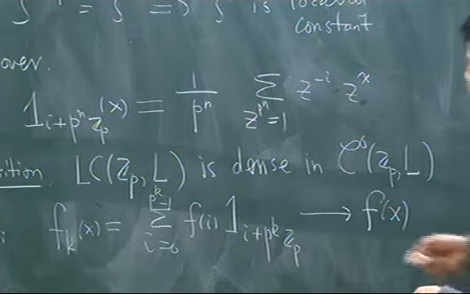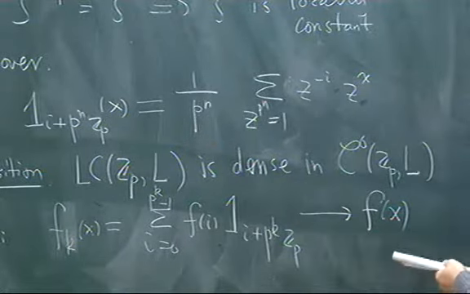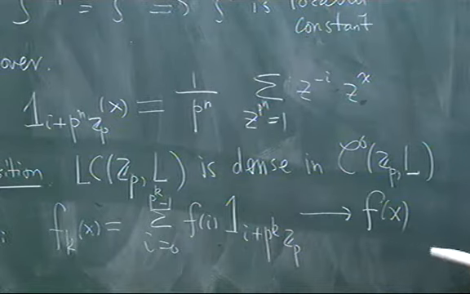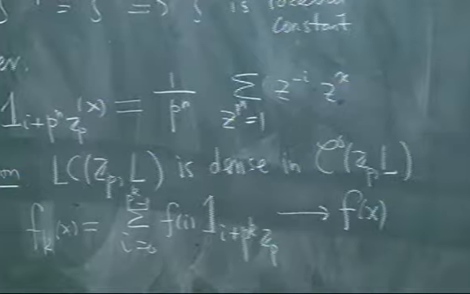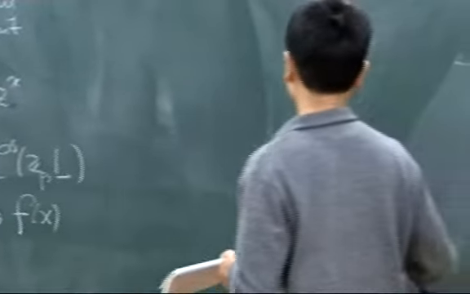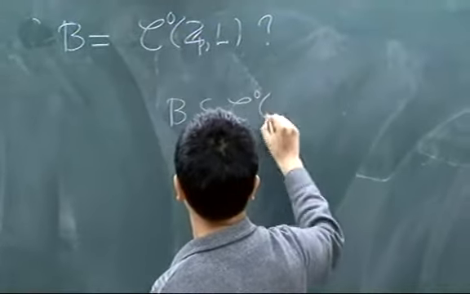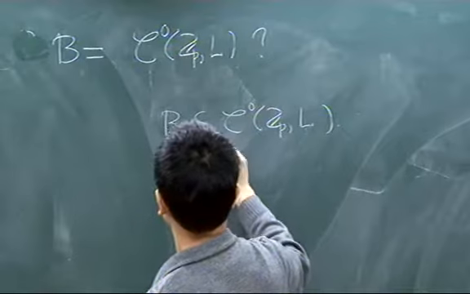Now using this fact, we can prove that B equals C^0. Certainly B is contained here, and it's closed by the definition.